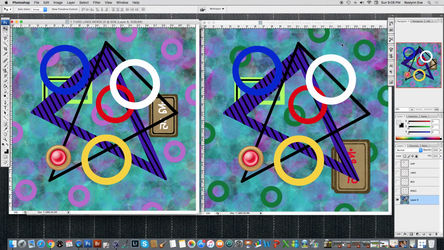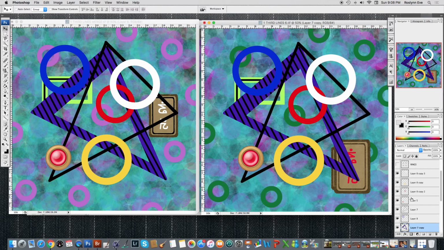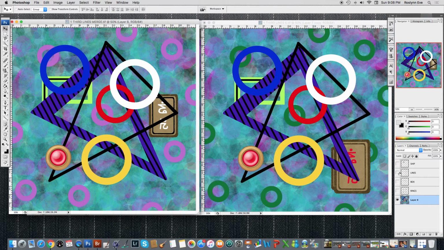Okay, now let's look at this one. This is the one that we can alter. Now, just to show you about the third lines, I did show you on this one where the third lines are there. And you can see that this white one is placed right on the third line. So why is it more noticeable than any of the rest of the stuff?